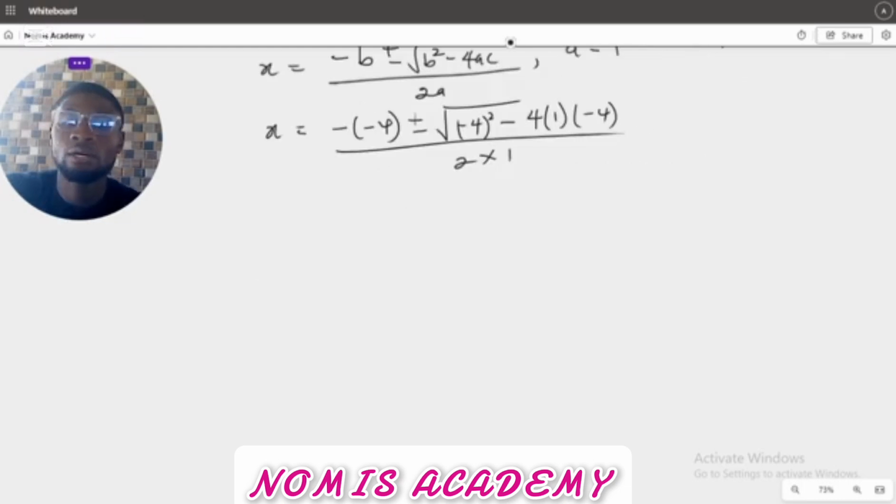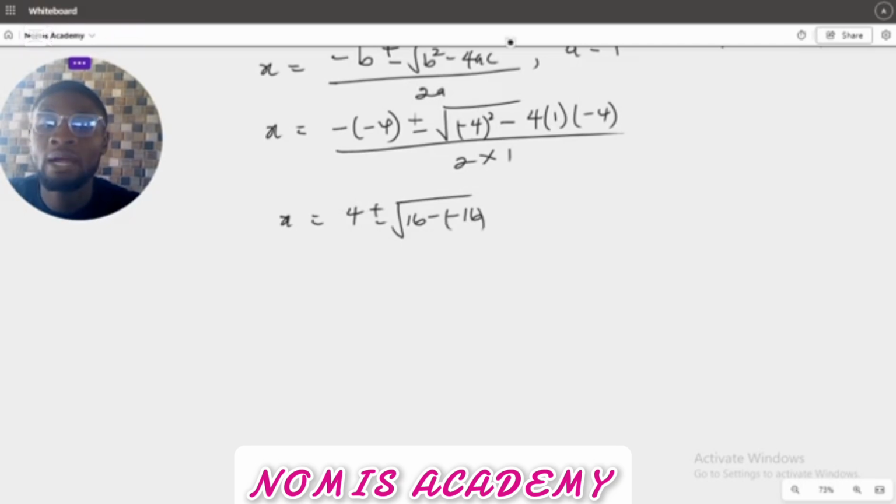So let's go down. We now have x is equal to minus times minus, that's 4, plus or minus the square root of minus 4 times minus 4, which is 16, minus 4 times 1 times minus 4, that's minus minus 16 again, right?